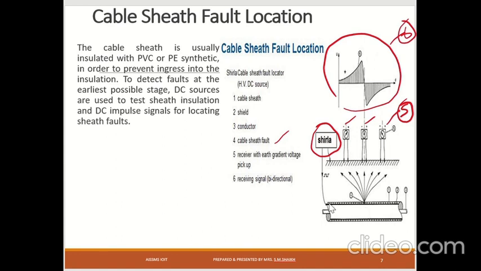So where there is no fault, that means wherever the sheath is healthy, these receivers will not show very good value. But wherever there is a leakage, that is wherever the sheath is broken, at this point especially, you can see that there are many signals which are coming out and which is picked up by this middle receiver over here.